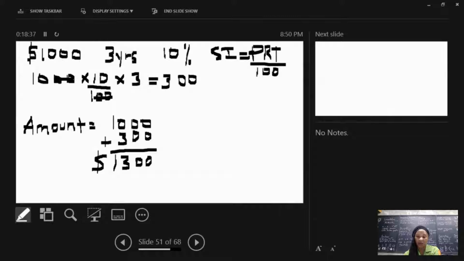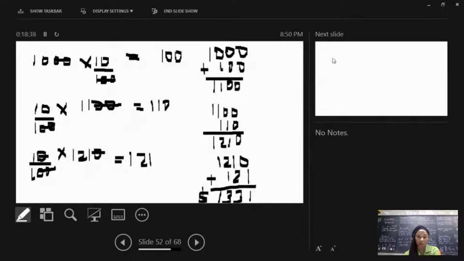Now we're going to look at what happens if we were to put it at compound interest. So we'd still work out the 10% of the $1,000 at the end of the first year. We'd get an interest of $100. We'd add that back to the $1,000. So that's 1,100. And with this new figure, we'll find 10% of that, which is 110.